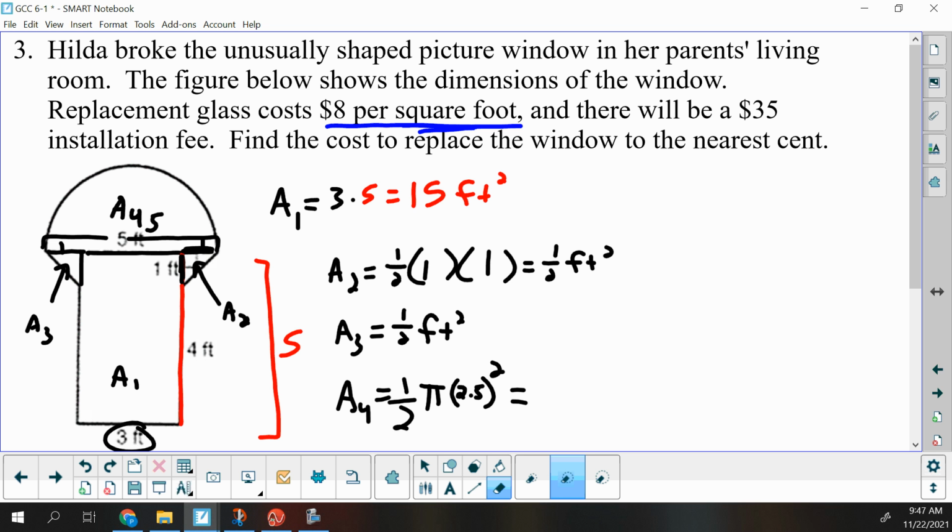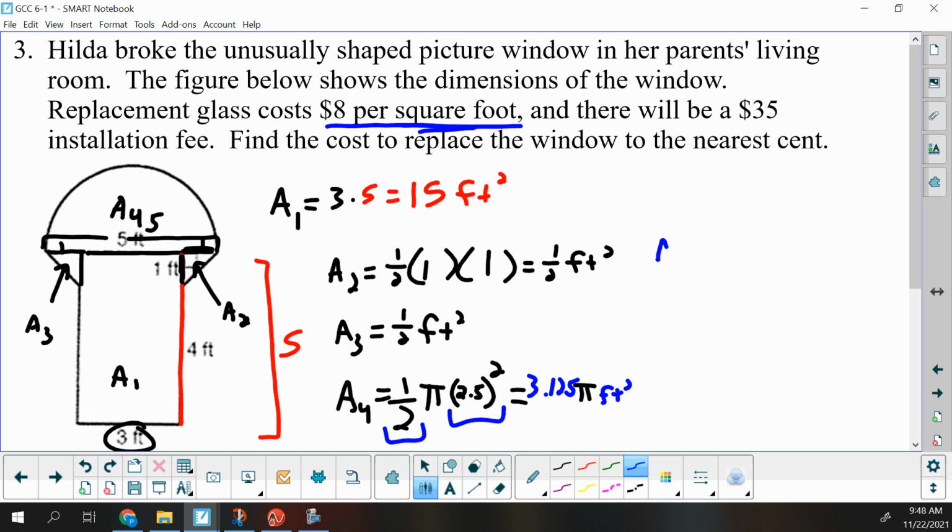We don't want to round until the very end, so let's keep this in terms of pi for now. Take a moment to punch in your calculator 1/2 times 2.5 squared. We should get 3.125 pi feet squared. If you had done it as 5/2 instead of 2.5, you would have had 25/8 pi, and that's the same value.